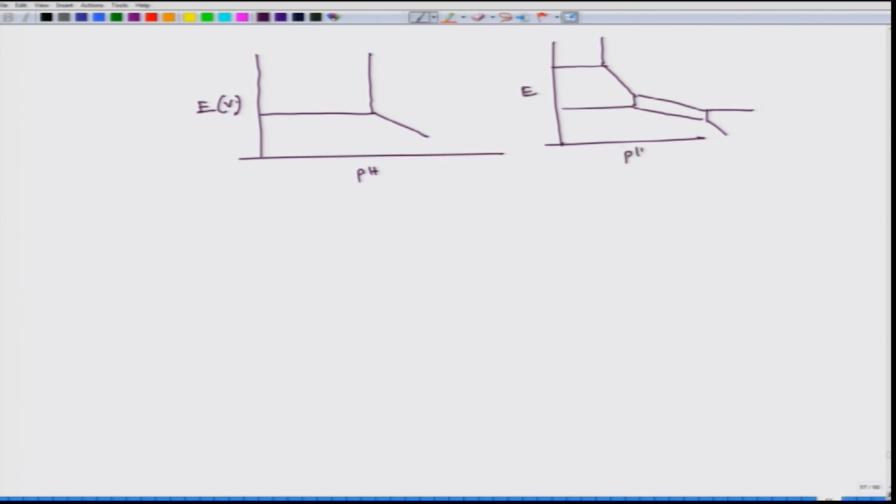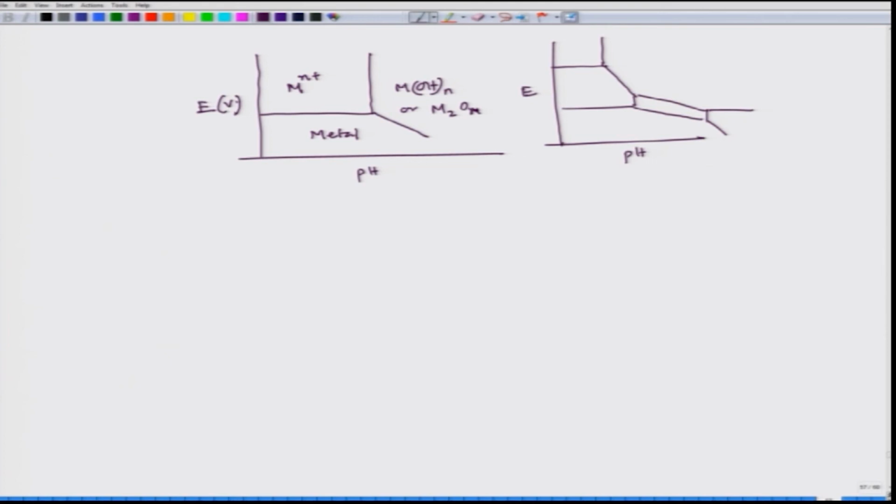This is E versus pH also. If we see this diagram carefully, this region is metal, this is metal ion, and this is metal hydroxide or M2On. So, this kind of boundary we can have.